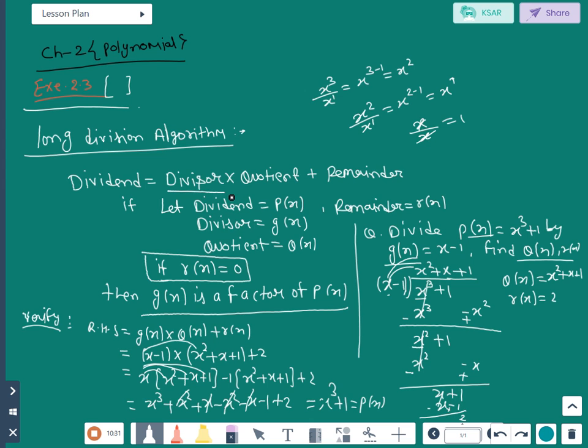Always, if the degree of the divisor is equal to or lesser than the degree of the dividend, then remainder will come, otherwise we cannot perform the division.